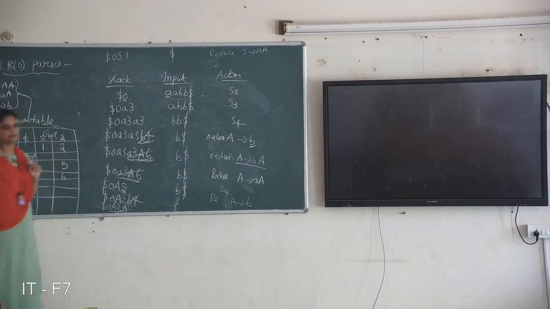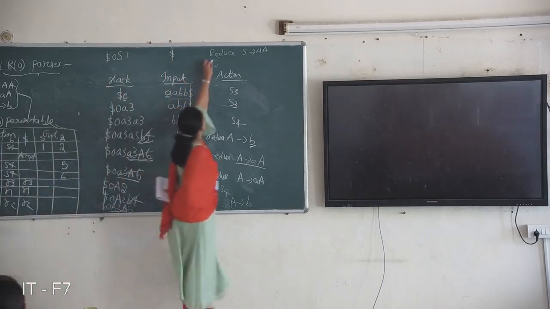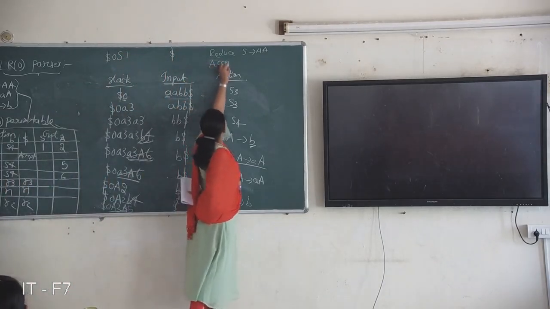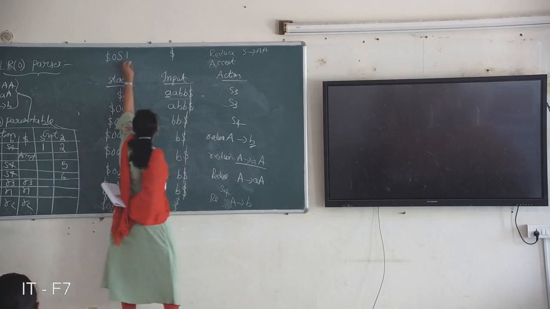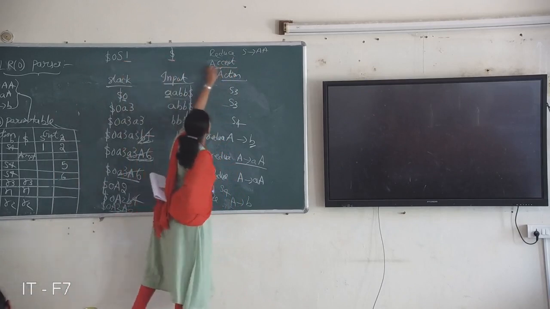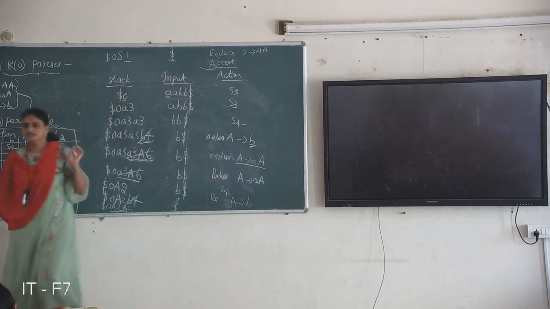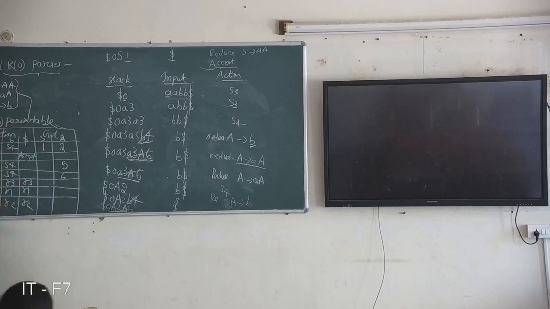0 on S, 1. Okay, next 1 on dollar. 1 on dollar means accept. Means the given input is syntactically right. Is it clear? Like that you can derive the string using this parser.